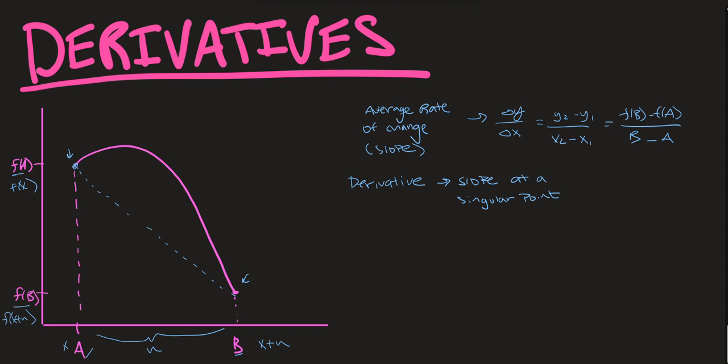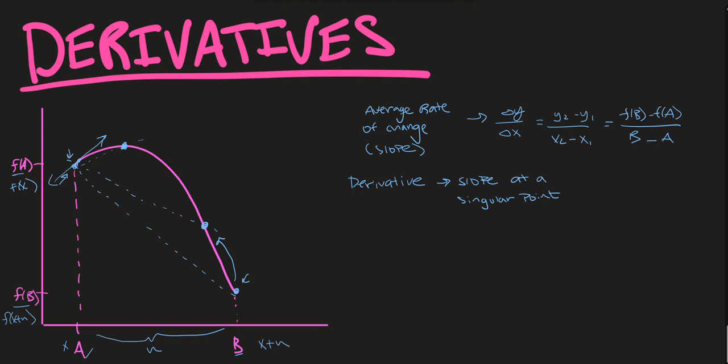So the basic idea is, why don't we bring this point closer and closer to this point right here. And if you look at what's happening, we get these secant lines until eventually we get really close, and we get a tangent line at that point.